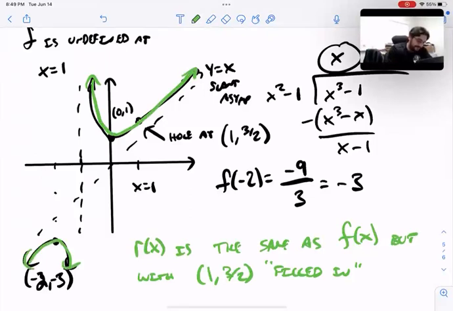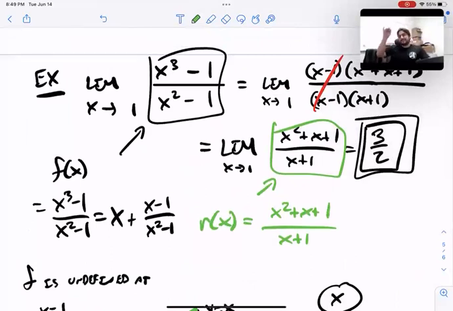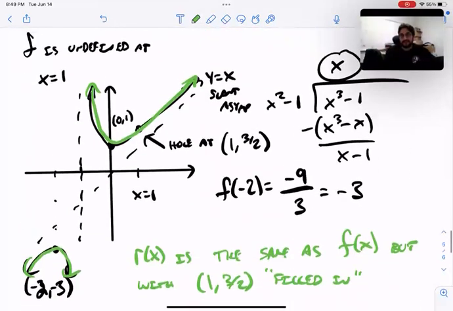You would just draw a nice continuous curve straight across, right? So that's why r is actually continuous. Once you reduce that rational function by canceling that common factor of x minus 1, it becomes this new function r, which is the same function as f, but you've removed the discontinuity. And you get this 3 halves as the actual value at r and not just the limit. For f, the limit is 3 halves. For r, the limit is 3 halves, but it's also just the value.